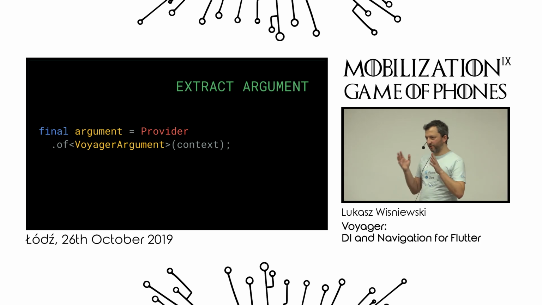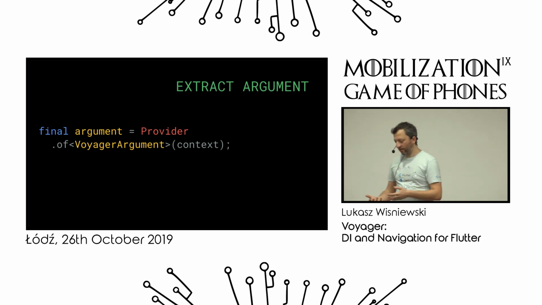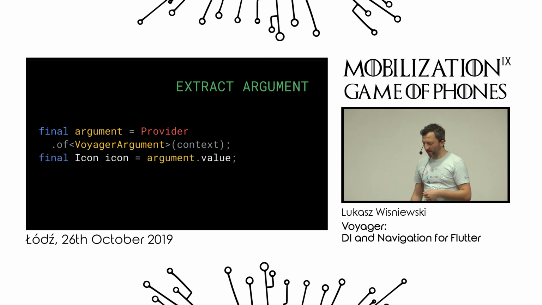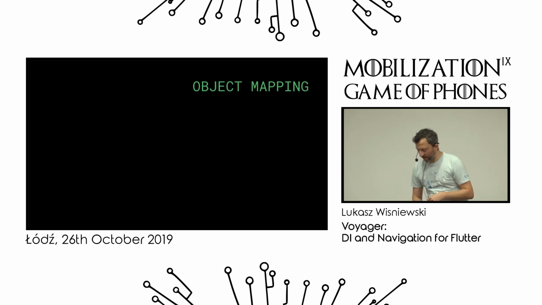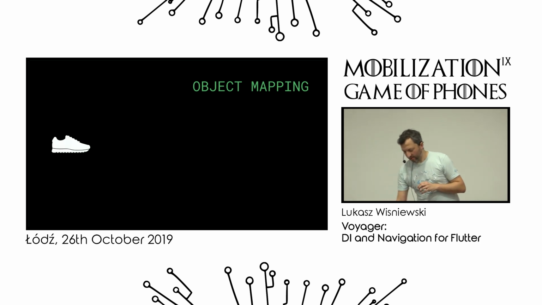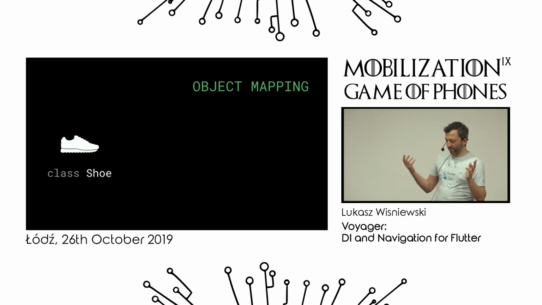Anyway, regardless of how you pass the argument to the next path, you can always retrieve it later in Voyager context. Just unwrap the value from Voyager argument. And this brings me to something stranger. Imagine you have a shoe.